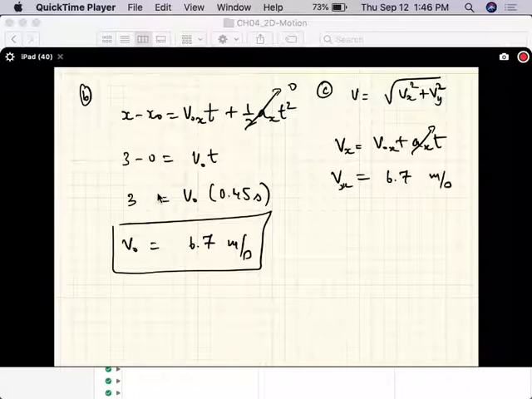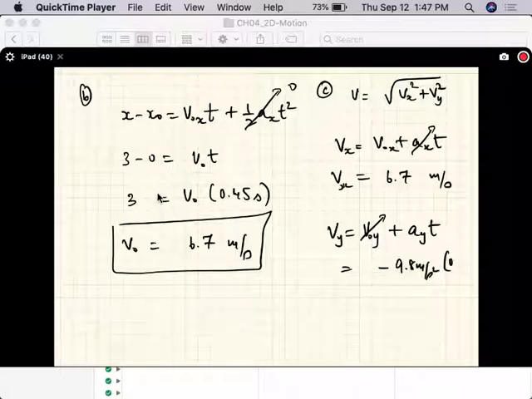Since the acceleration in that direction was 0, the x component of the velocity did not change, and we keep saying that. The initial y component of the velocity was 0, and a y is minus 9.8 meters per second squared times 0.45 seconds.